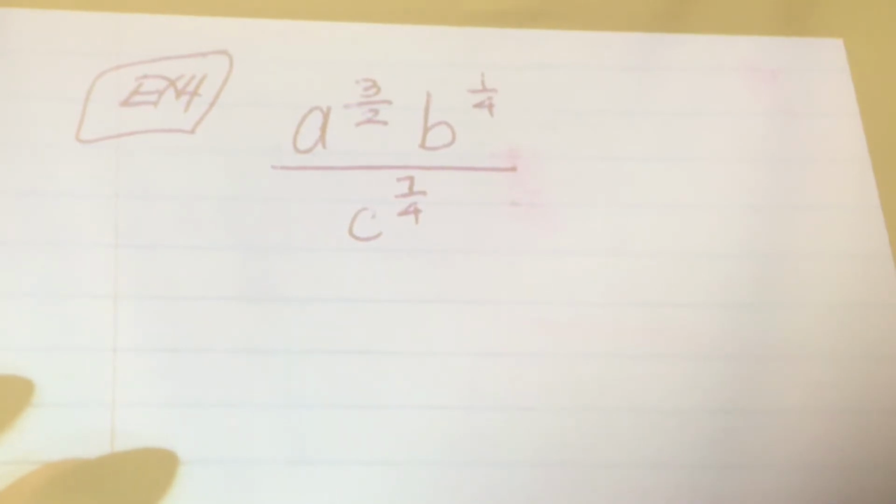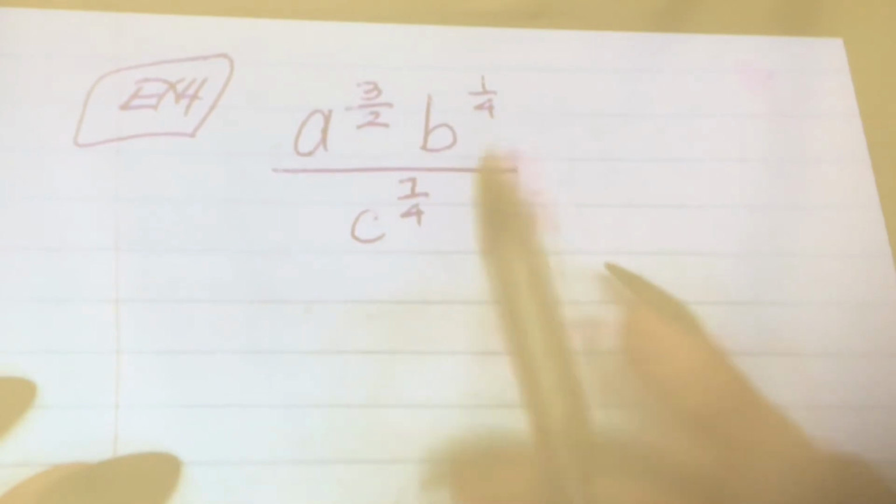I basically want to see what's going to be taken out of each one of these exponents and then change it up. So basically I need a least common multiple that multiplies into 3/2, 1/4, and 7/4.